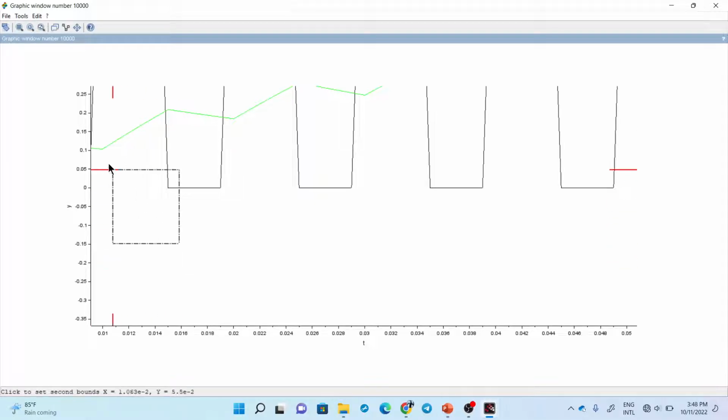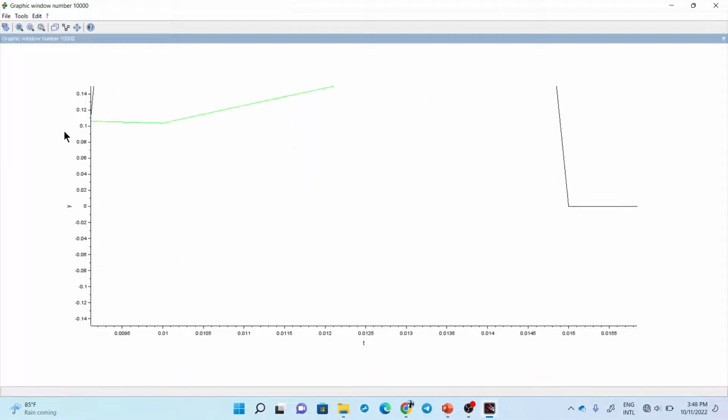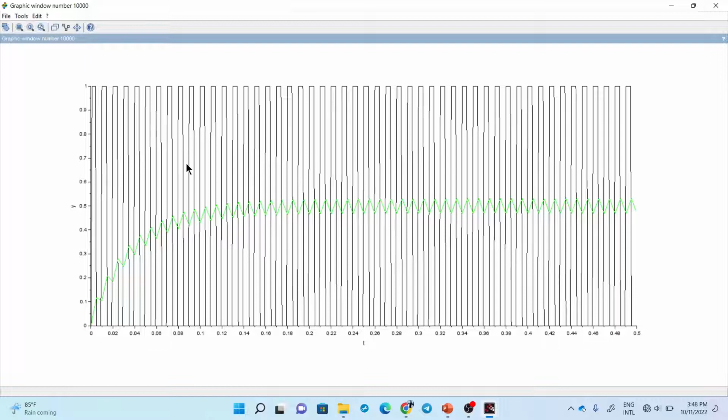Zoom this and then zoom this. Yeah, this one from 0 to 1 here. So initialization 0 means at what time you start. So we start from 0. Yeah, we are supposed to start from 0.